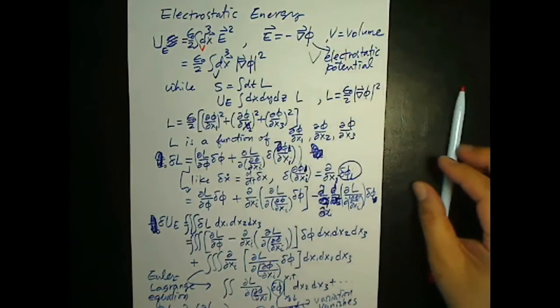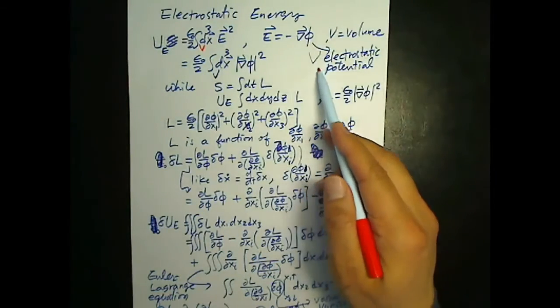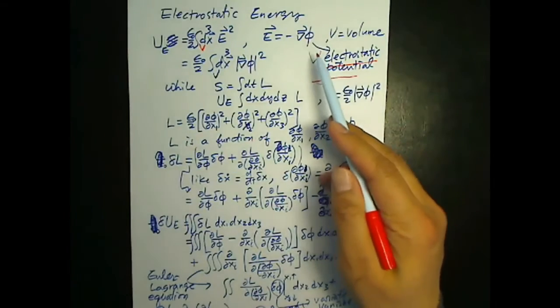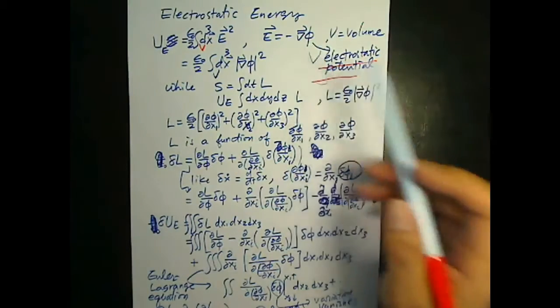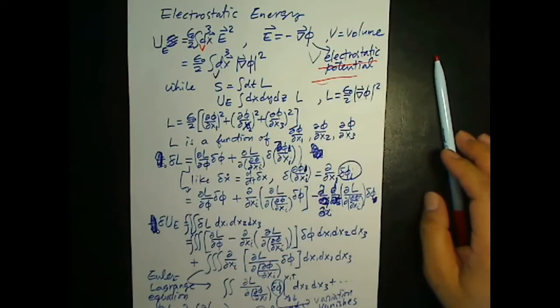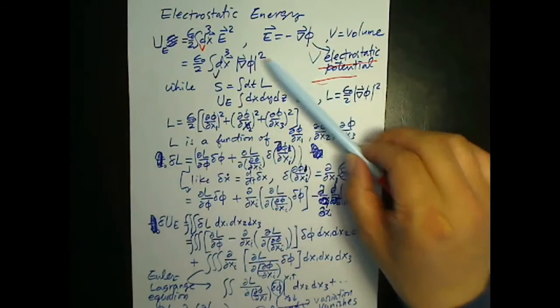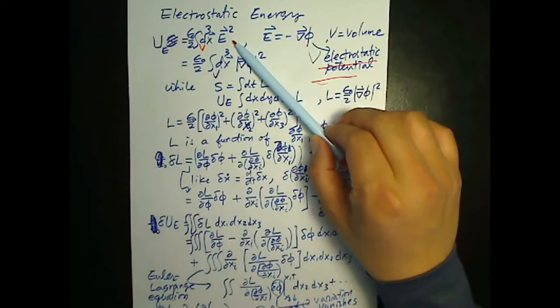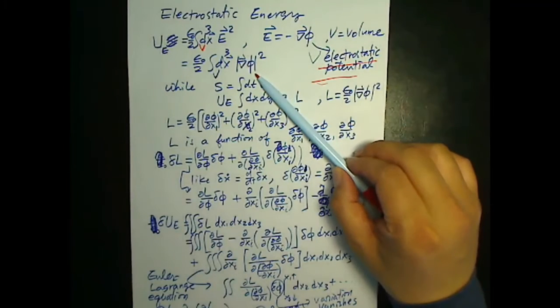And as you know, if you consider the electrostatic potential V to be phi, then minus gradient phi is the electric field. Minus gradient phi is substituted in this formula to give gradient phi squared.